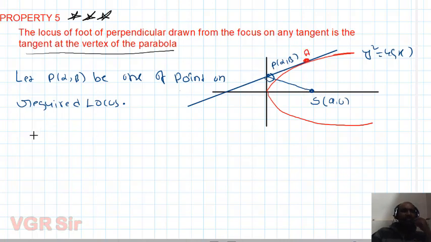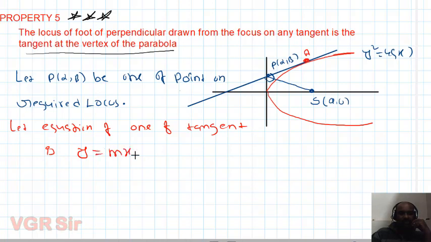First of all I want to find the equation of the tangent in slope form. Let the equation of one of the tangents be y is equal to mx plus a by m.